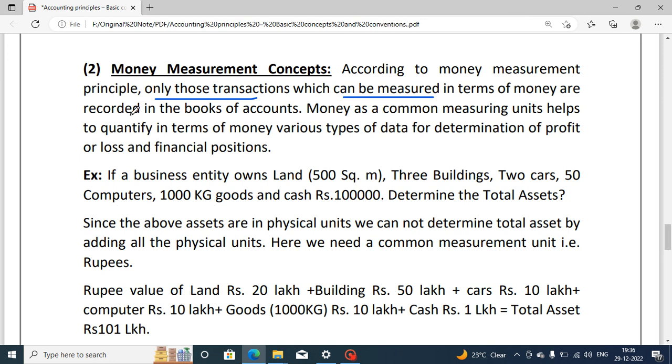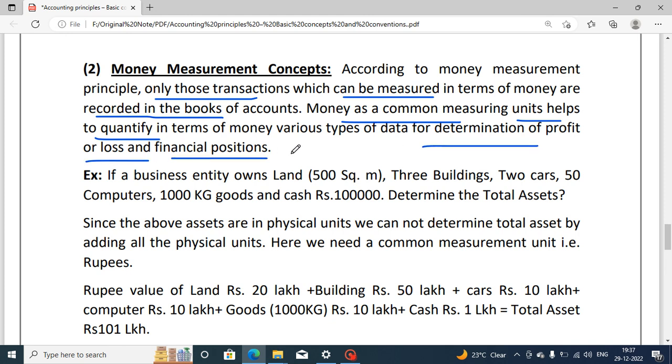Only those transactions which can be measured in terms of money are qualified to be recorded in books of accounts. Money as a common measuring unit helps to quantify various types of data in terms of money for determination of profit and loss and financial position.